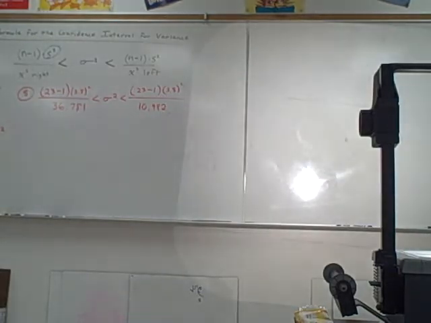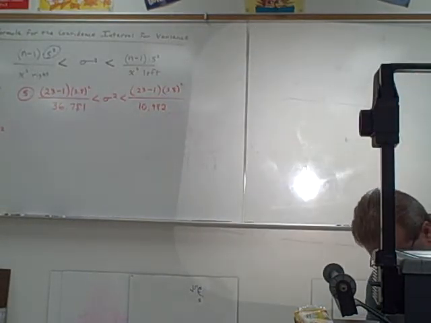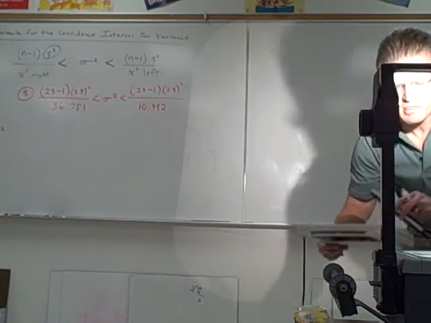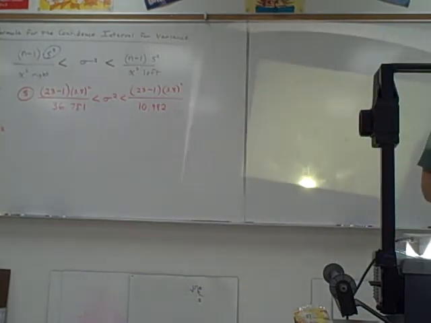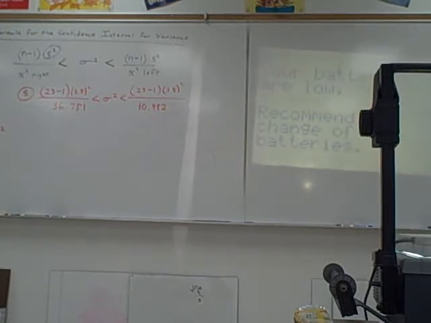All right, next up, we'll type it in the calculator and come up with our answer. So let's do, let's see, 23 minus 1, that's 22 obviously, times 3.8 squared, divided by 36.781. So that's my left number.